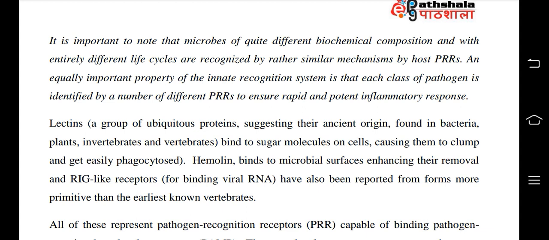Lectins, a group of ubiquitous proteins suggesting their ancient origin, found in bacteria, plants, and vertebrates, bind to sugar molecules on cells, causing them to clump and get easily phagocytosed. Hemolin binds to microbial surfaces, enhancing their removal, and RIG-like receptors for binding viral RNAs have also been reported from forms more primitive than the earliest non-vertebrates.